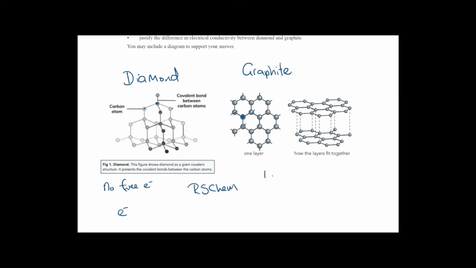So there is one free electron for every carbon atom. And that free electron can move. And when it can move, you can create a voltage, a difference in charge potential, I should say, and it's going to flow. It's going to create a current.